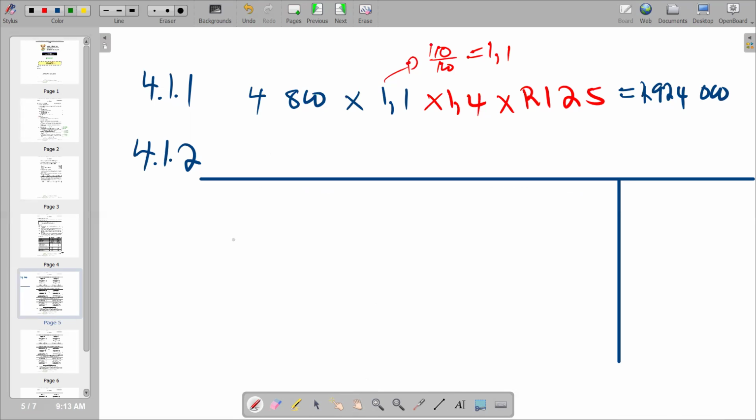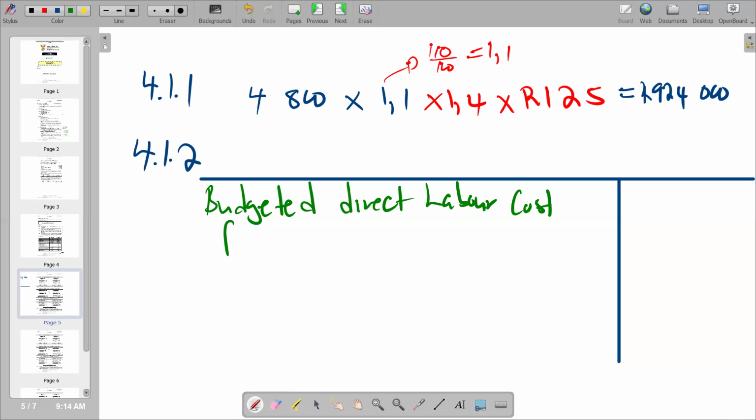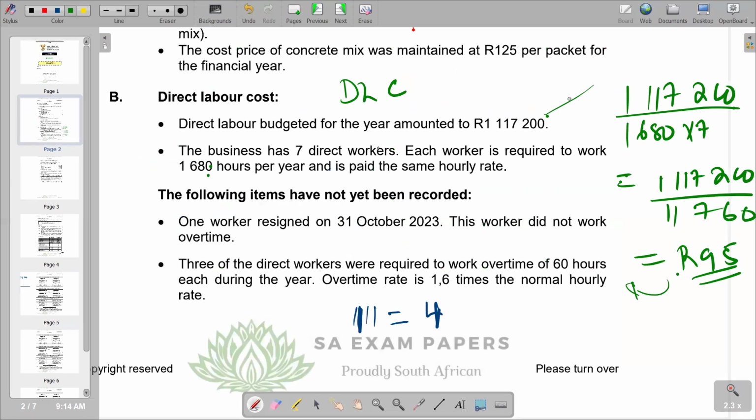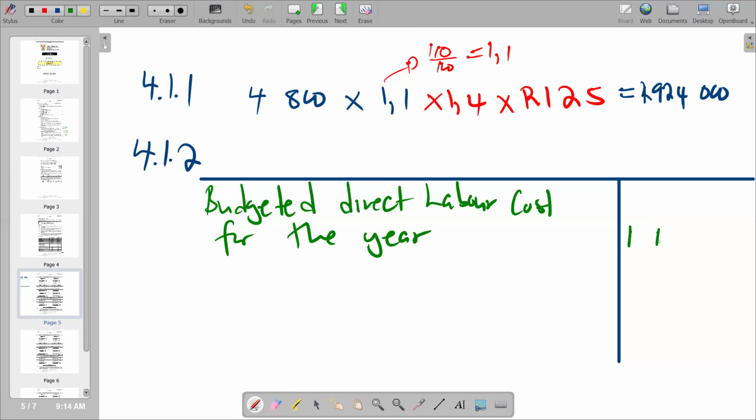Whereby we are saying budgeted direct labor costs for the year. We are given it here: 1,117,200. So this is the total that we have.